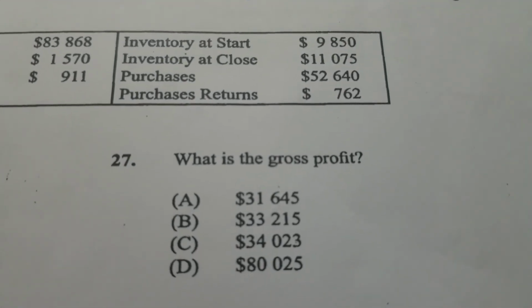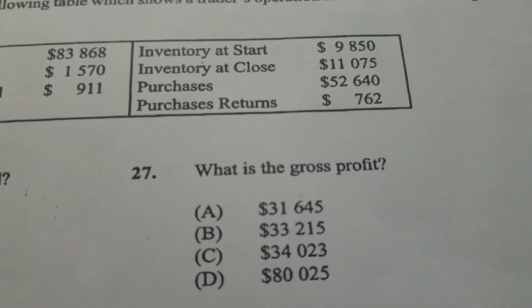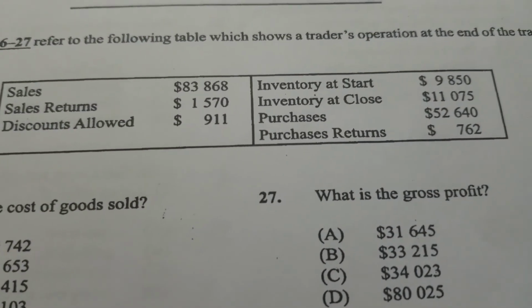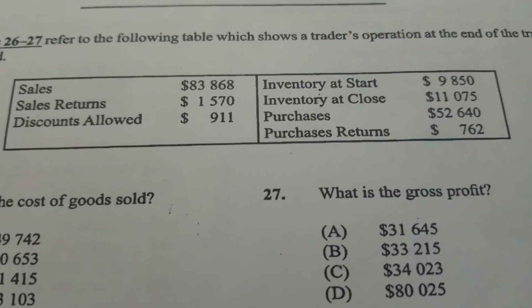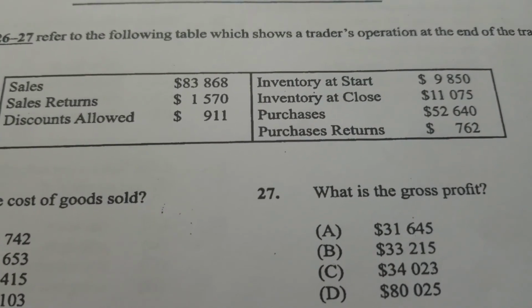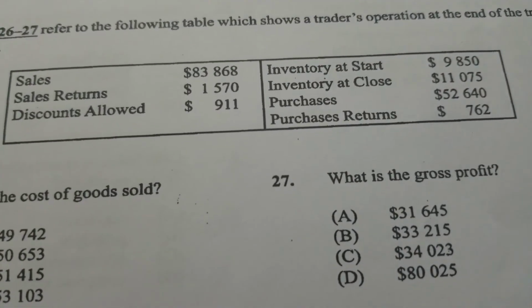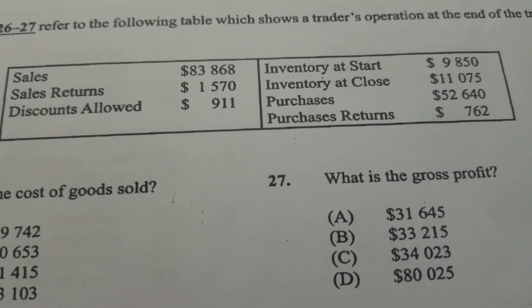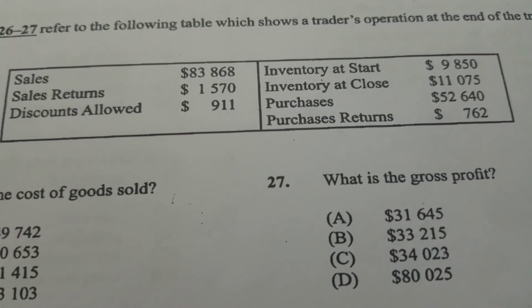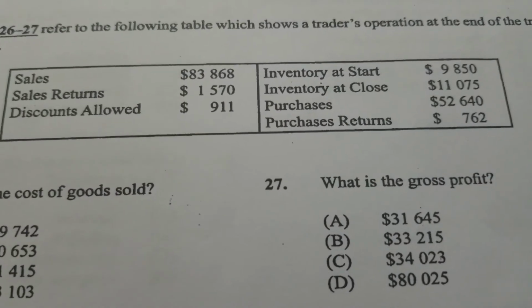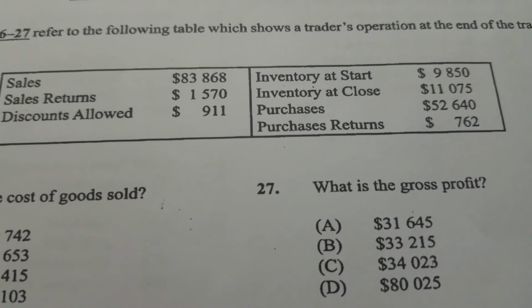Let's go to item 27. What is the gross profit? To get the gross profit, we would now subtract the cost of goods sold from the net sales. But first of all, to get net sales, we must subtract the return inwards figure, that is 1,570, from the sales figure, which is 83,868, to get the net sales.